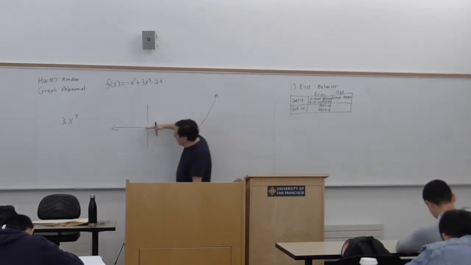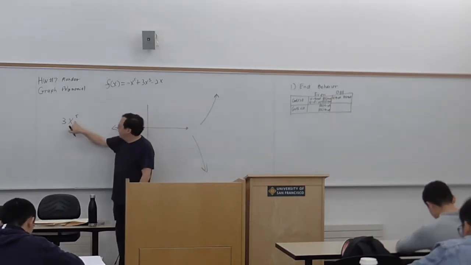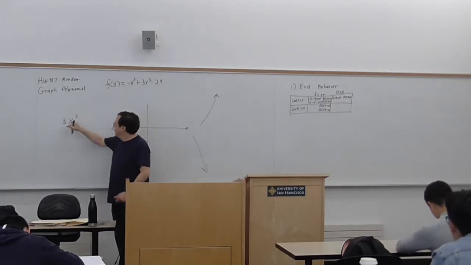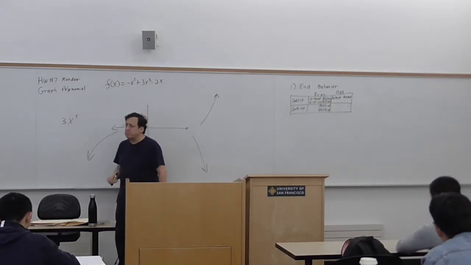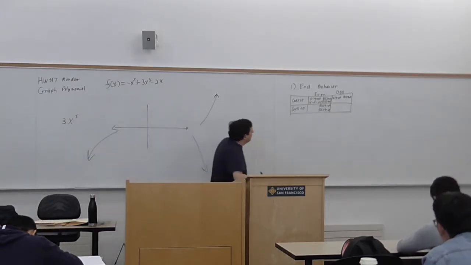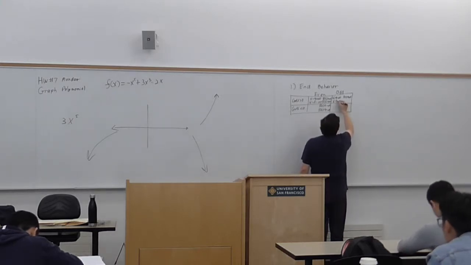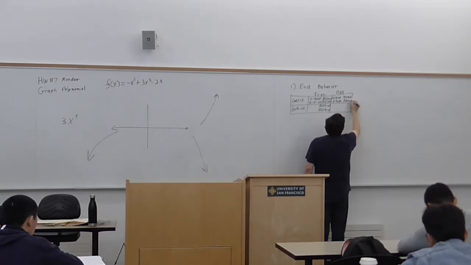But now, if we go off in the negative direction, what happens here? The negative signs don't cancel. It still gets very large, but it gets very negatively large. So in this case, as x goes to negative infinity, f of x also goes to negative infinity.